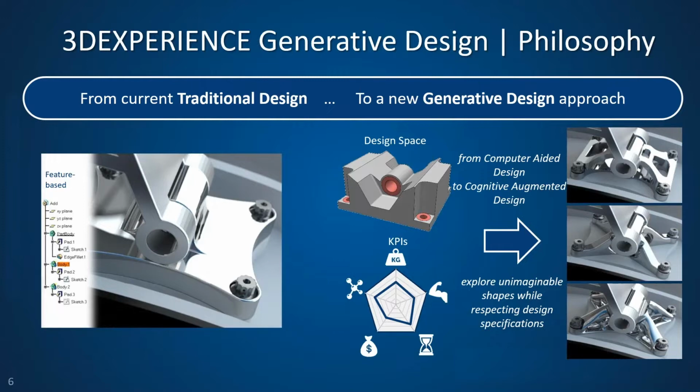With this, we can explore unimaginable shapes while respecting the design specifications. This in turn will help us meet our KPIs, the desired stiffness and strength of the part, and the desired time we require to design the entire product.